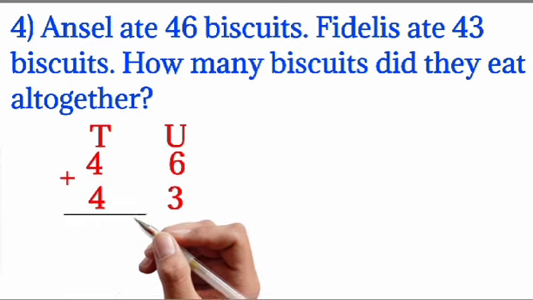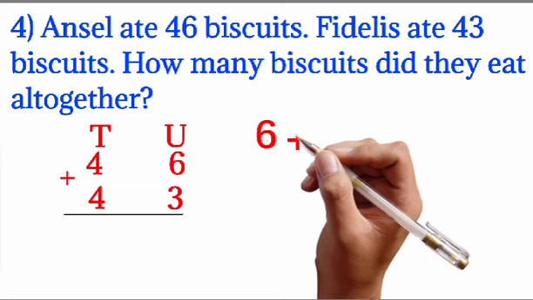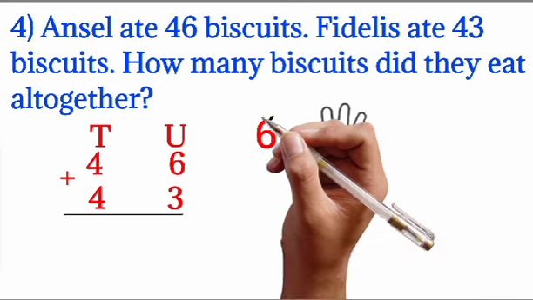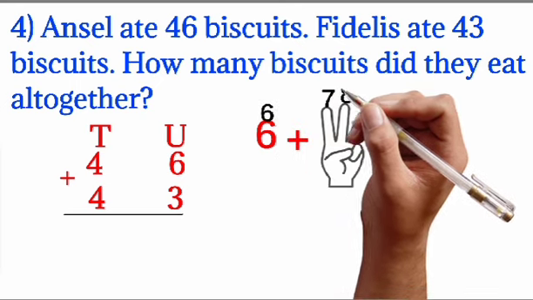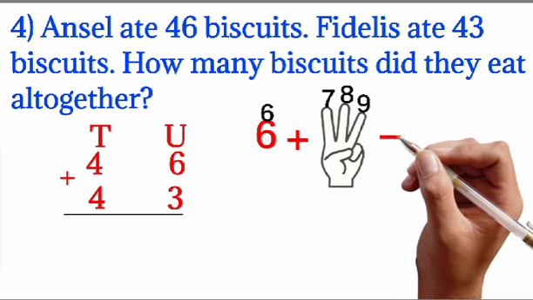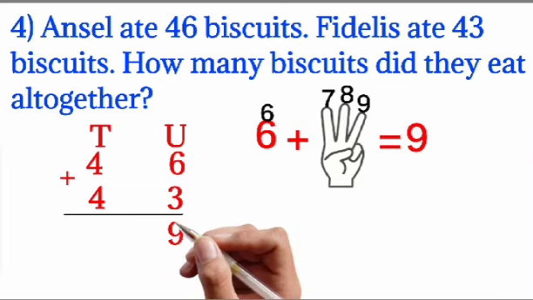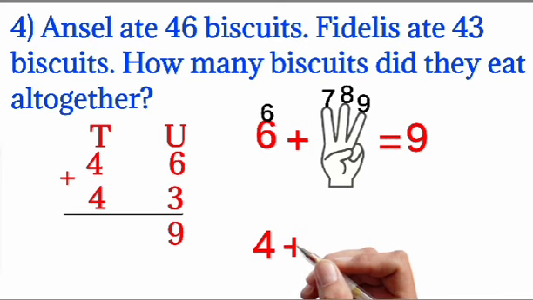I'll start. 6 in my head, 3 on my fingers. So I'll count 6, 7, 8, 9, which give me 9 as my answer. The next one is 4 in my head, 4 on my finger.